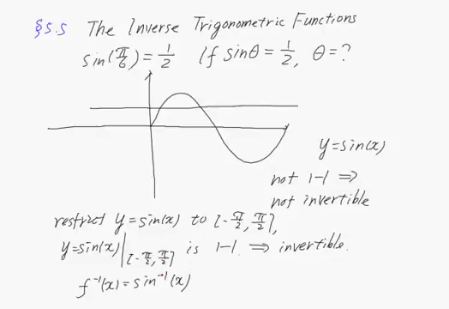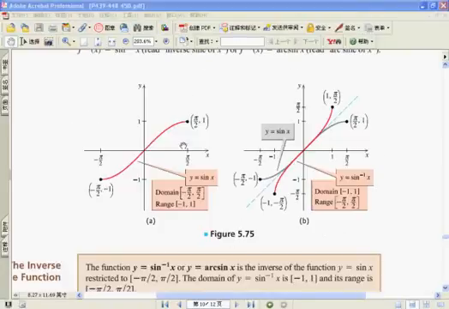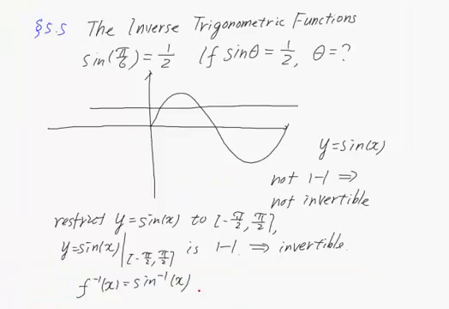So now we can get the domain and the range of this inverse function. We know that the domain of the inverse function is equal to the range of the original function. So let's go back to this graph. The range of this original function is from -1 to +1, right? So the domain D of this inverse sine is equal to -1 to 1.